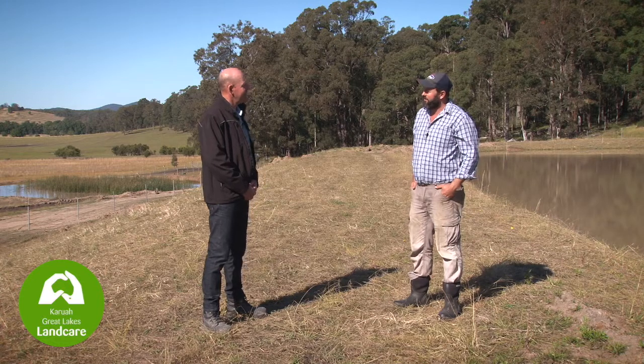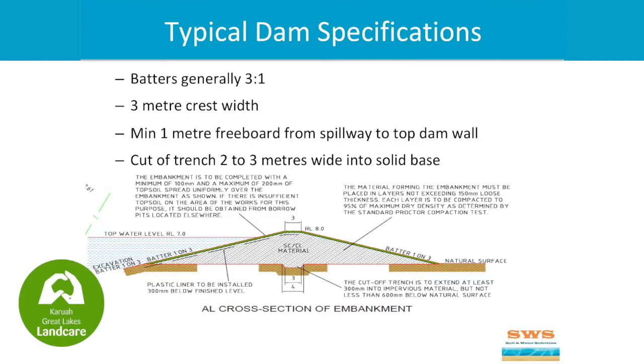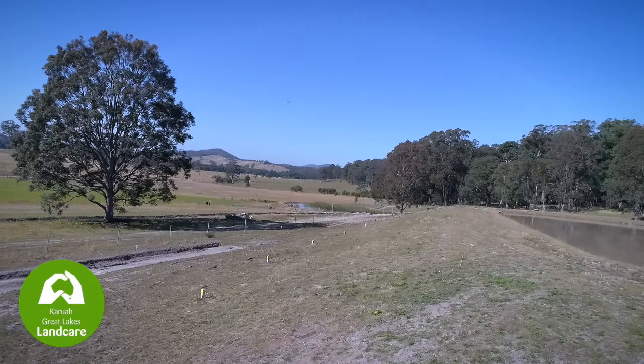Can you talk through some of the components and challenges of constructing a dam? I'll start with the components of a dam, for people who are just starting off in rural land areas or haven't been involved in construction of dams before. There are a couple of major things we need to look at. Firstly, our embankment, the location of our embankment.